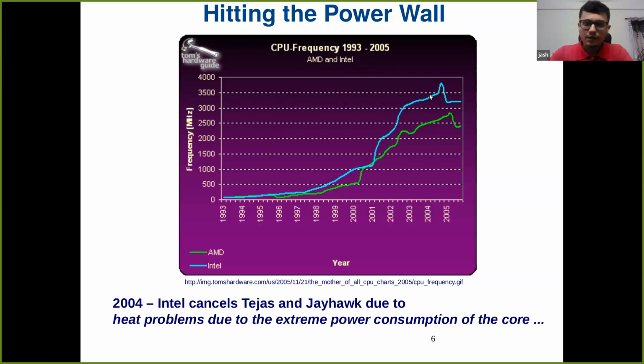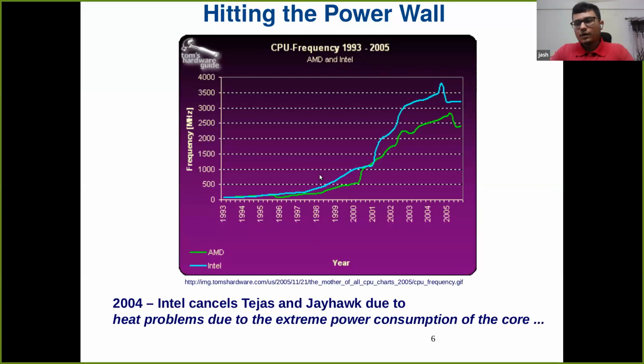After a particular point, you can see a flat line. The issue is the same: there is this heating problem and we can't just increase the clock frequency beyond a particular point. Due to this, even Intel had to cancel some of its processors because of the extreme power consumption and heating problems.